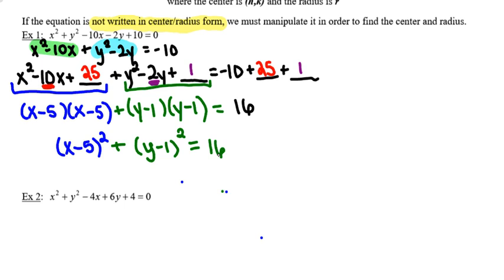What I have now done is transformed that equation into center-radius form. And I can tell by looking at it that that circle has a center located at the point (5, 1) and has a radius whose length is 4.